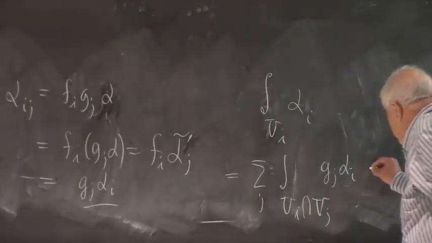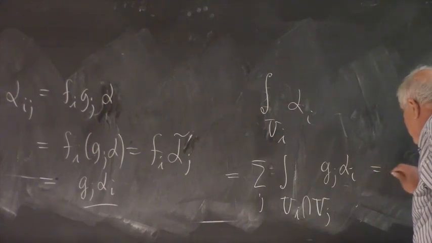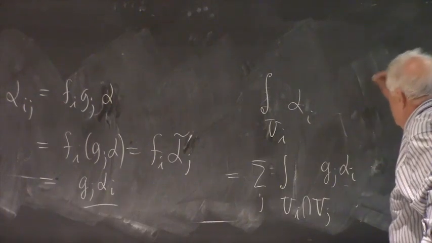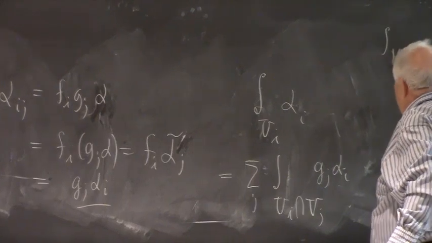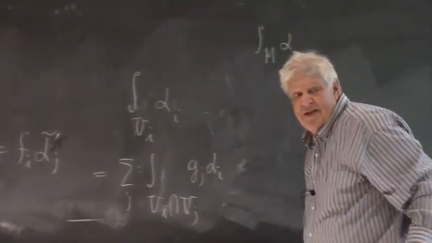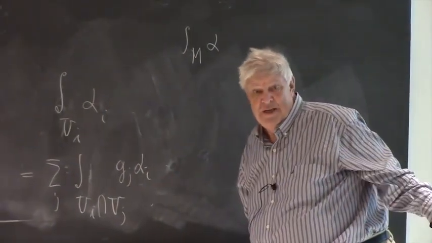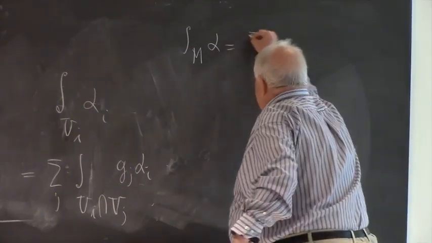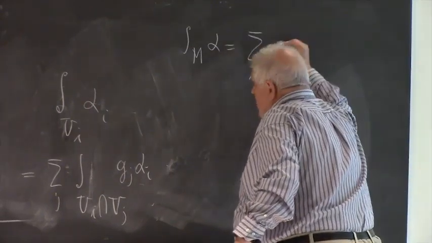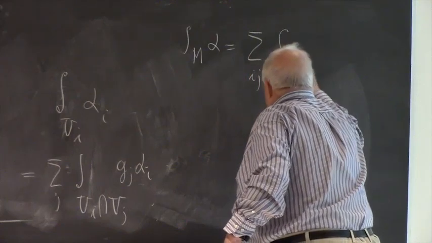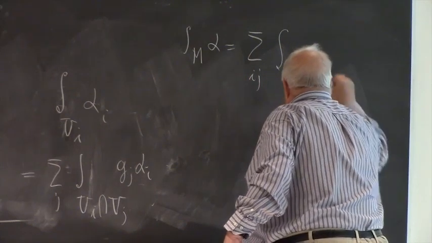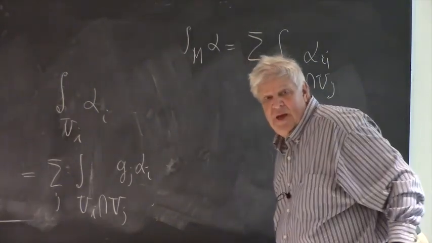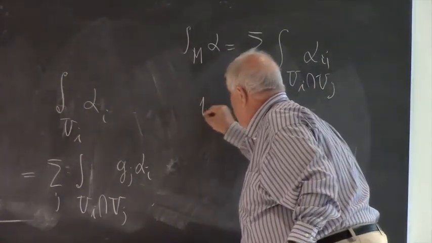So if I consider the integral over M of alpha, using the first definition, we have two definitions and we want to check that they are the same. Then it becomes the sum over ij of the integral over Ui intersect Vj of alpha ij. This is the first definition.